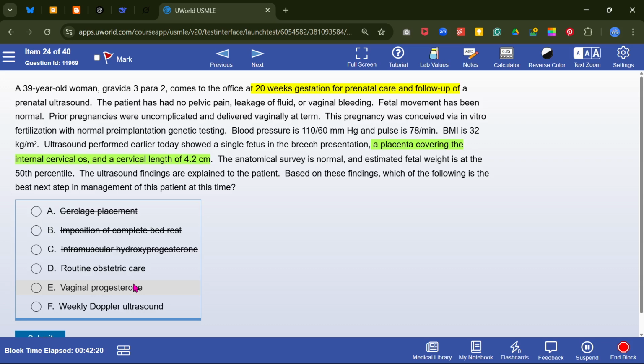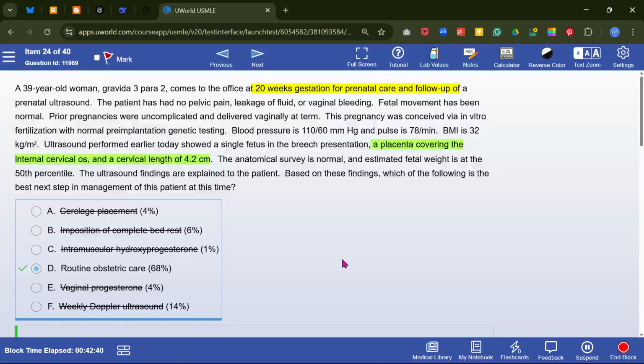Look at this point. A placenta covering the internal cervical os. When placenta covers, yes, in the second trimester we do routine ultrasound to look for any placenta previa.